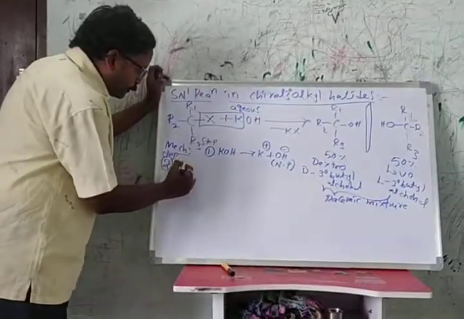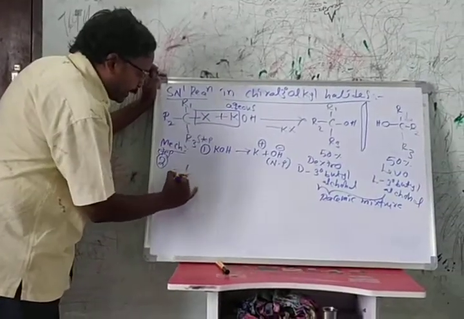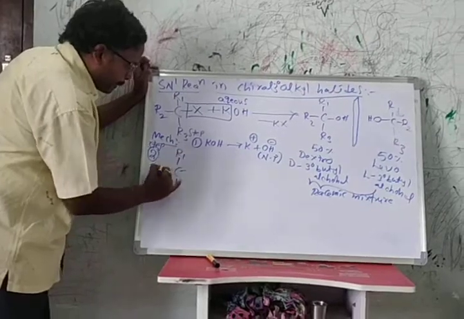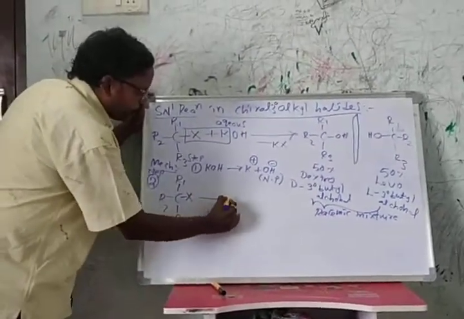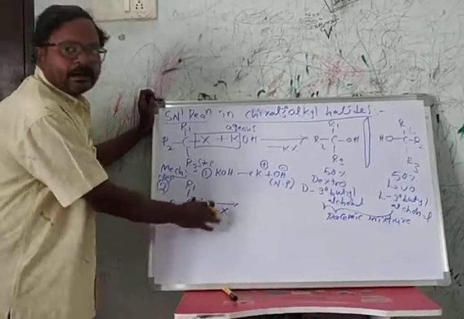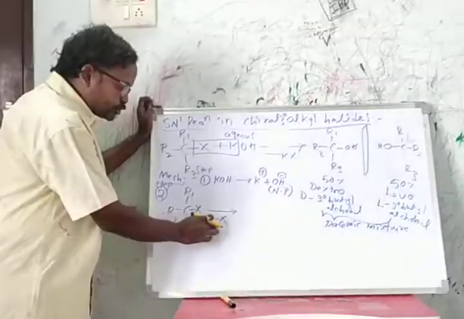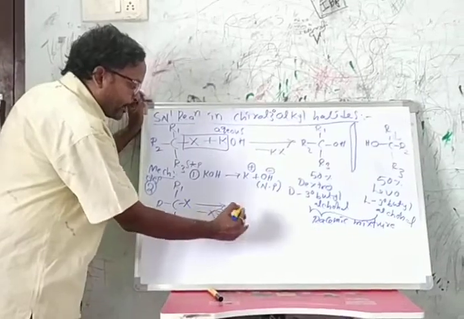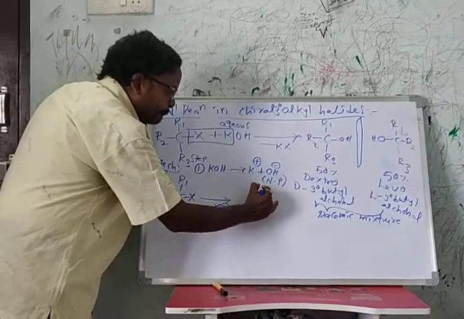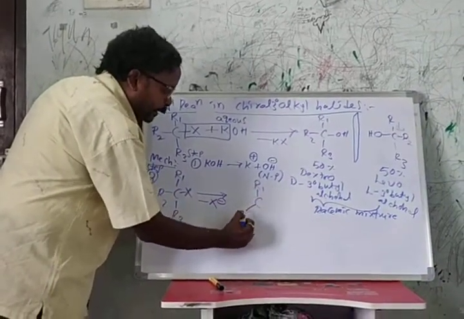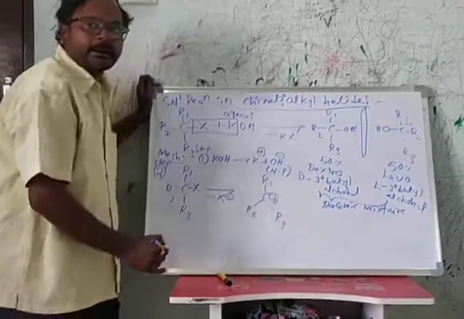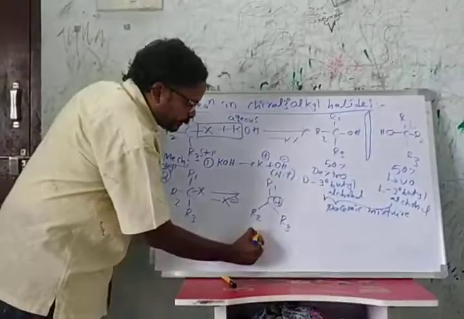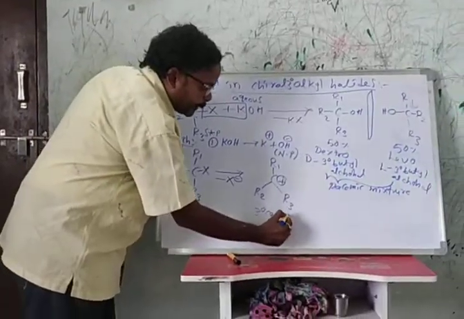In step 2, first the tertiary alkyl halide loses the halide ion or halogen atom. What happened? We get the carbocation. Which carbocation? Tertiary carbocation. This is the tertiary carbocation.